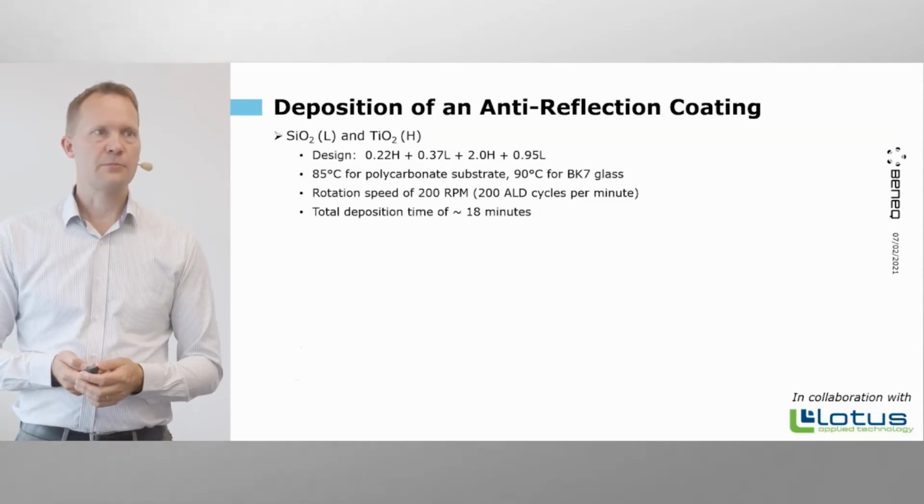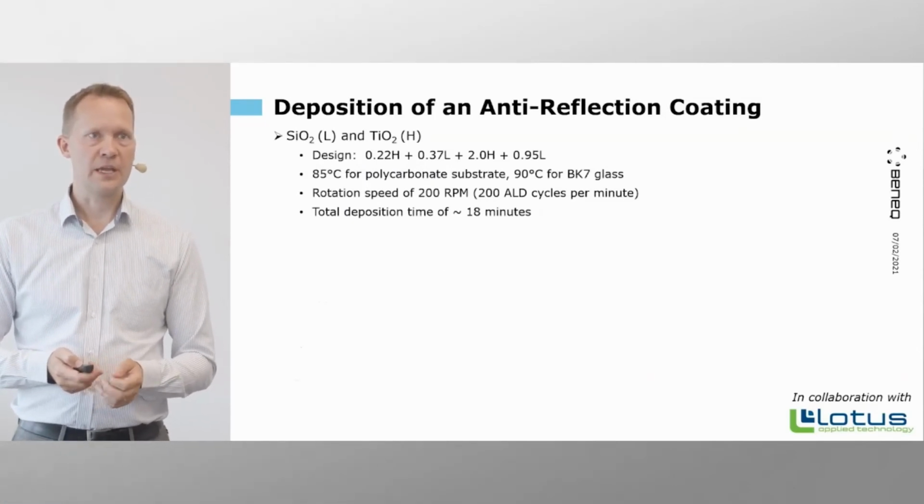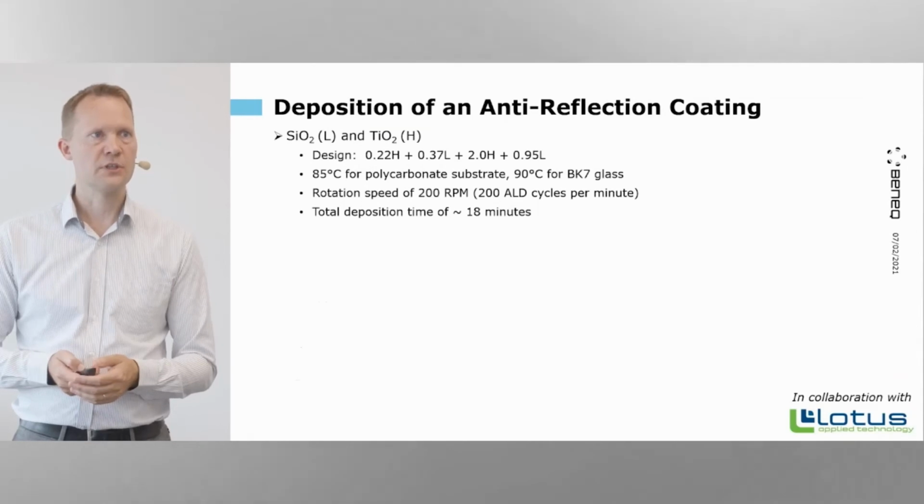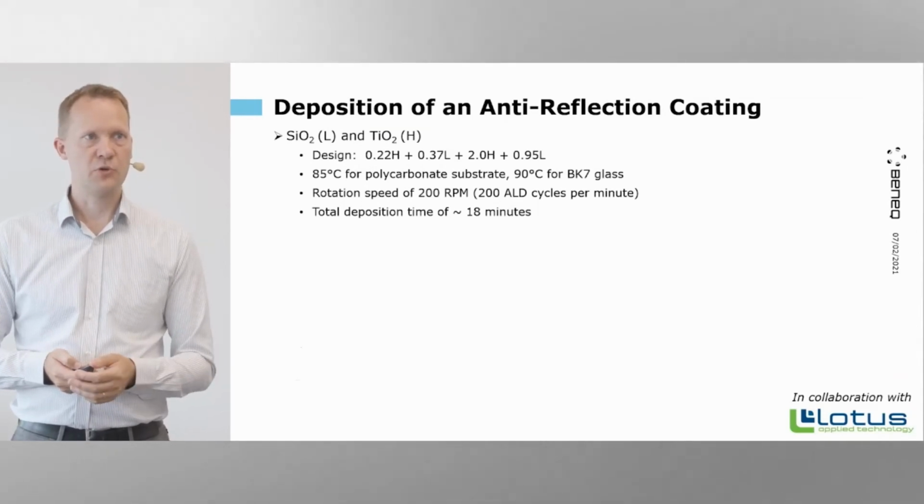Then an example we made on an AR coating with a relatively simple design. So it's 4 layers done at low temperature, both for the polycarbonate and glass substrates at 200 RPM.